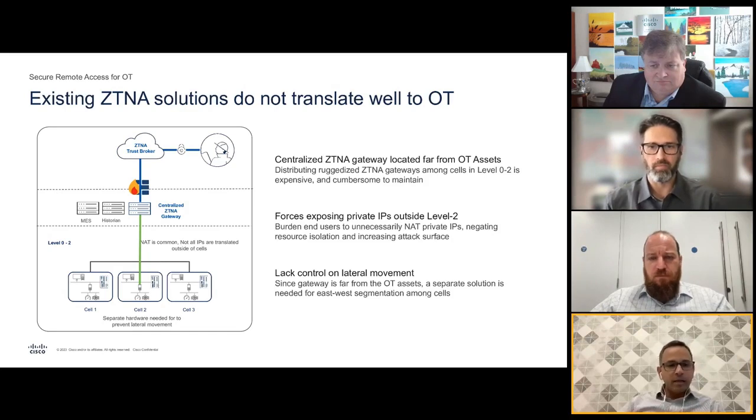And in all of these environments, as we know, there's a lot of NAT that goes on, mainly because every machine or every particular process or system that gets put in is very cookie cutter. It's repeatable. So there are a lot of private IP addresses in use, and very few of the assets in these environments actually get exposed or NATted up to the higher layers. Just talking about manufacturing as an example, you might tend to NAT the PLC and maybe the HMI, but nobody's NATting the drives and the IO and the ton of other assets that you have.